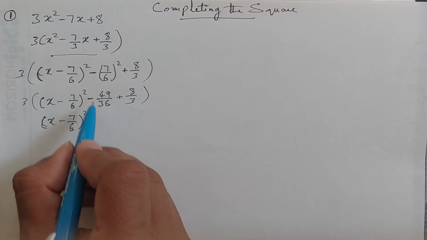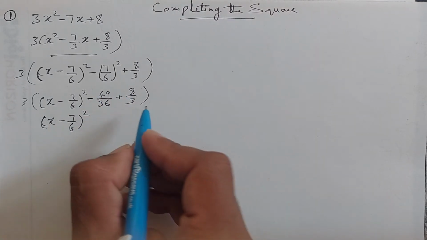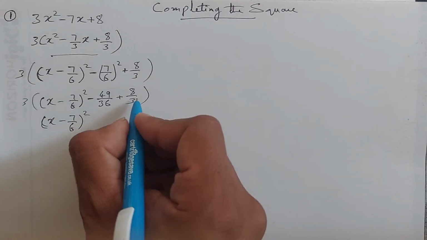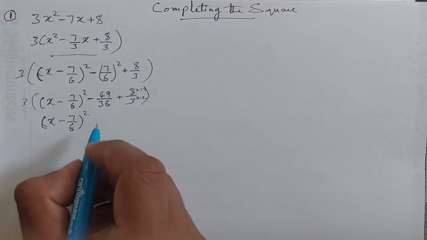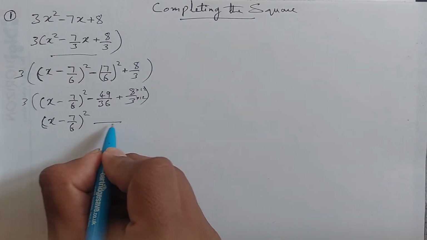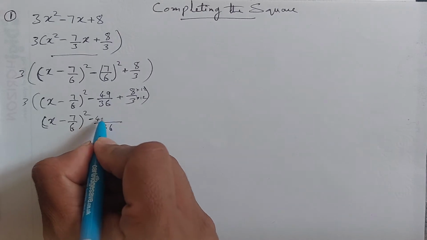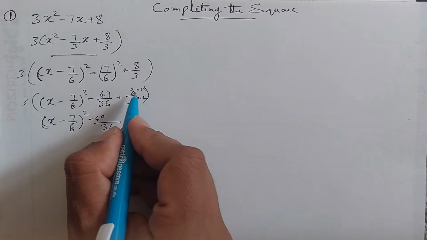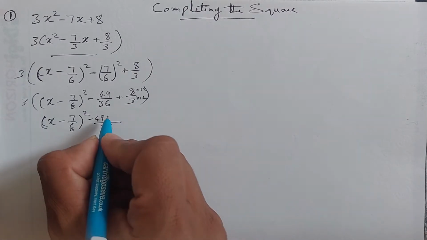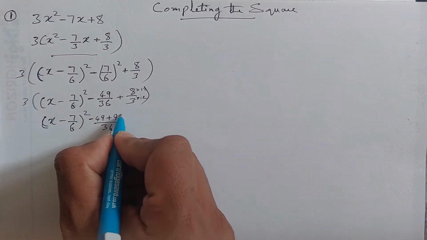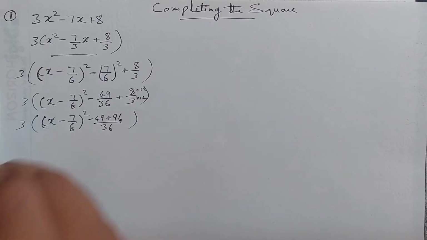If it's a calculator, you can put this on the calculator, or if you want to solve it, make the denominator the same, which is times 12. That becomes 36. So it's over 36 minus 49, and 8 times 12, it's 96. So plus 96, and this 3 is waiting outside again.